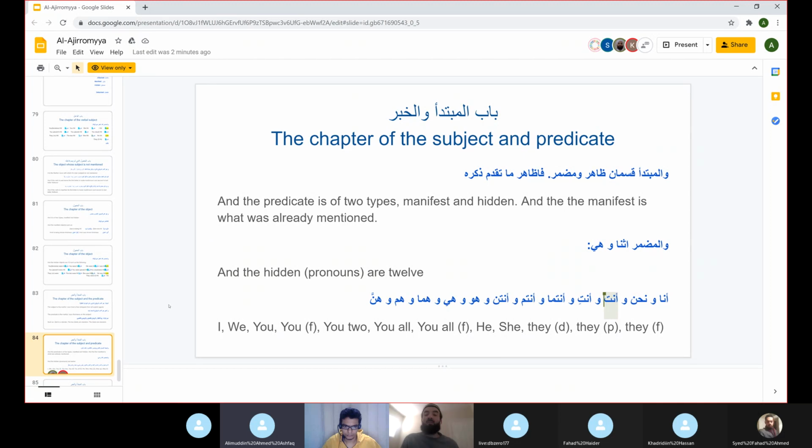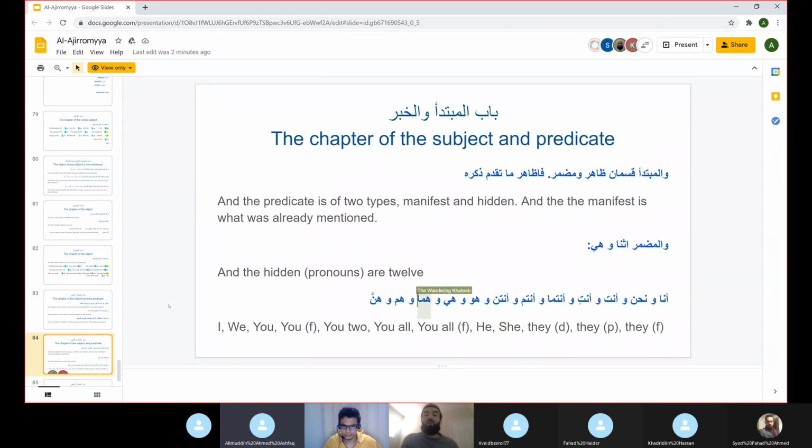Anti means you, feminine. Antuma means you two, and you two is general to females and males. Antum means you all, masculine. Antunna means you all, feminine. Huwa means he. Hiya means she.